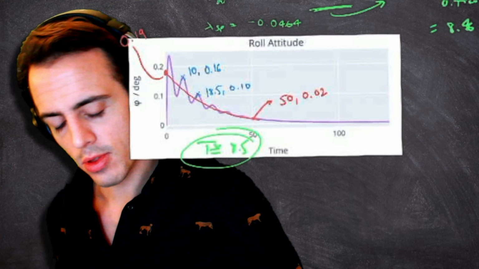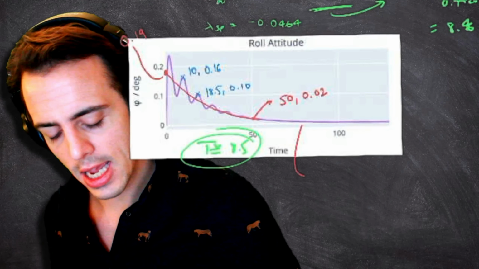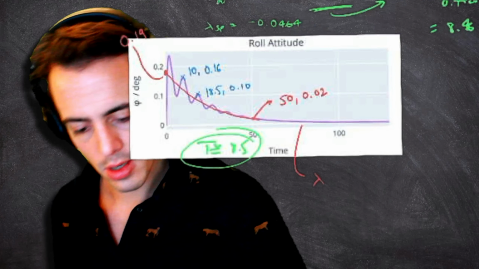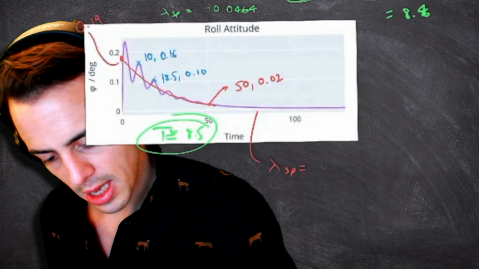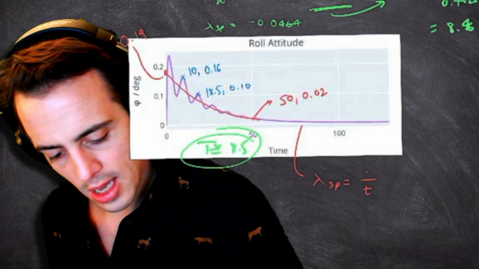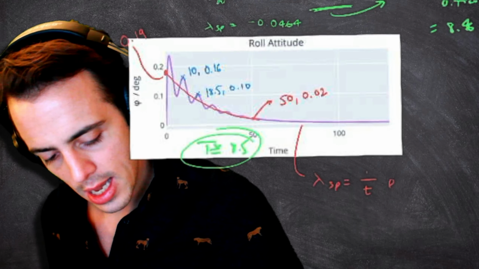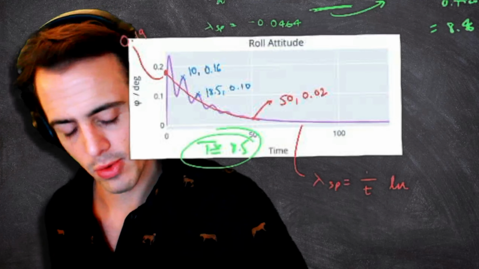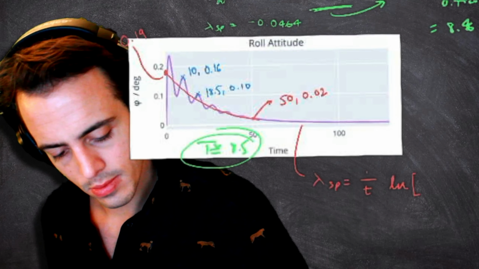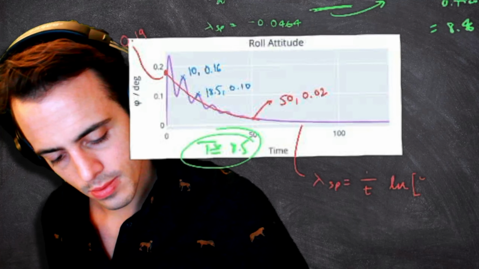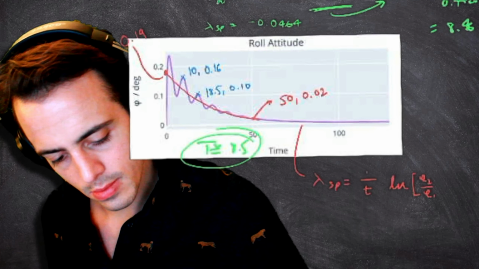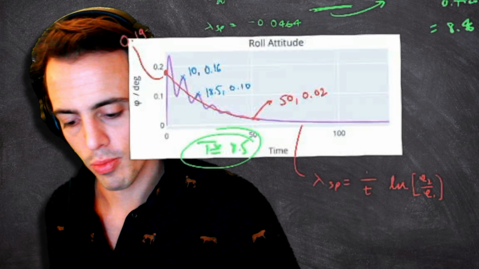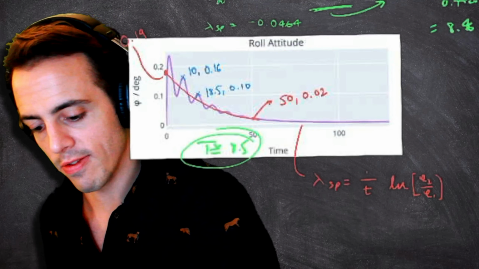Now, because we know that this is an exponential decay curve, we know that lambda associated with our spiral mode is going to be equal to 1 over t multiplied by the natural logarithm of the decay between those two points. This no longer has the Dutch roll present in it, because I've estimated where this curve would intercept.